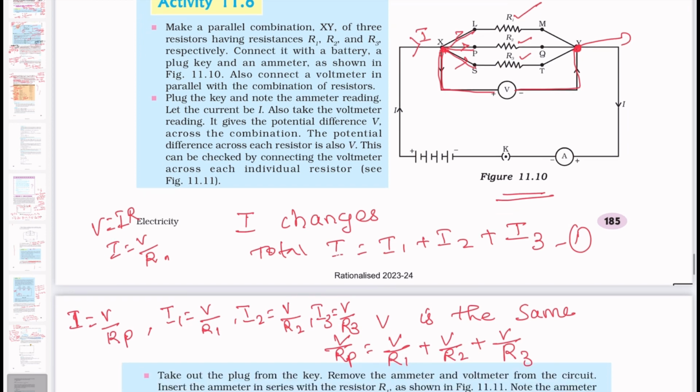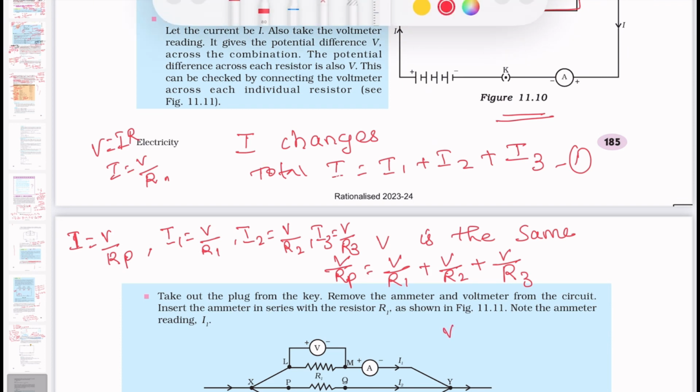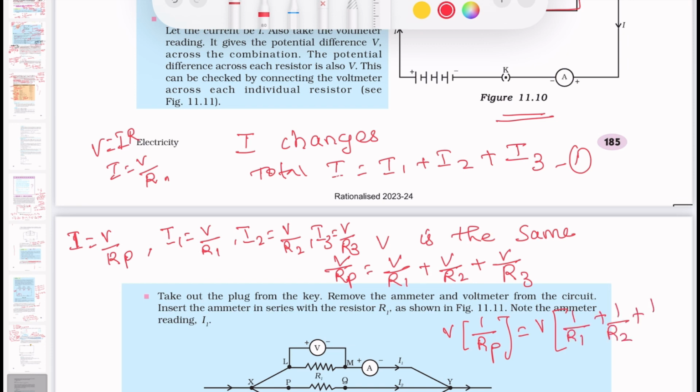Then V is the common factor. I take V out. When I take V out, 1 by RP is equal to V into 1 by R1 plus 1 by R2 plus 1 by R3.